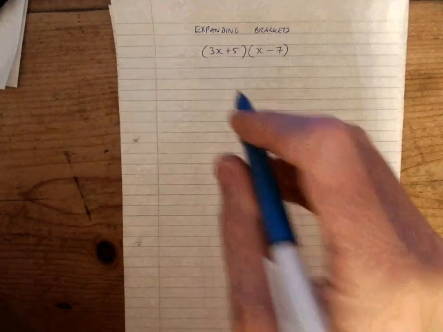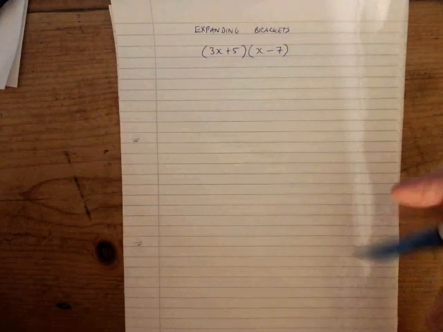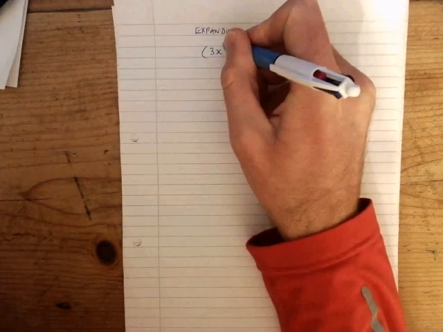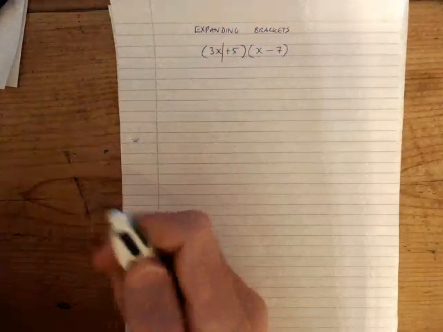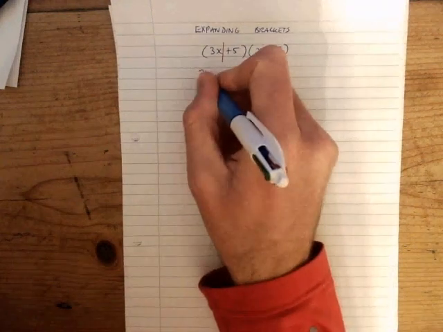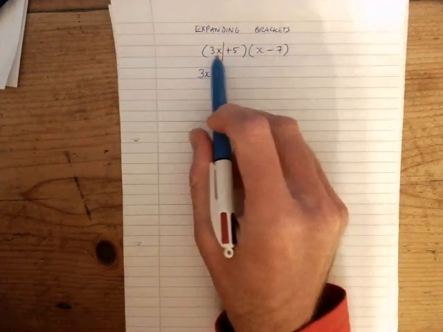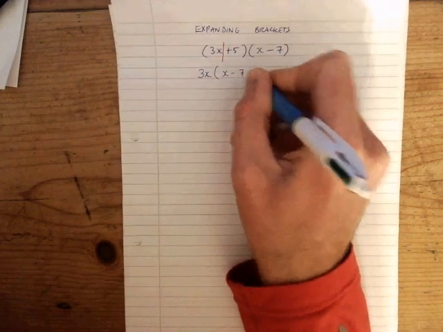There's a number of different tricks, and one of the ones that I like to use is to get a pen or a line and split the first bracket down the middle. Then you say, I'm going to take the 3x, which is to the left of that red line I've just made, and multiply that by x minus 7.